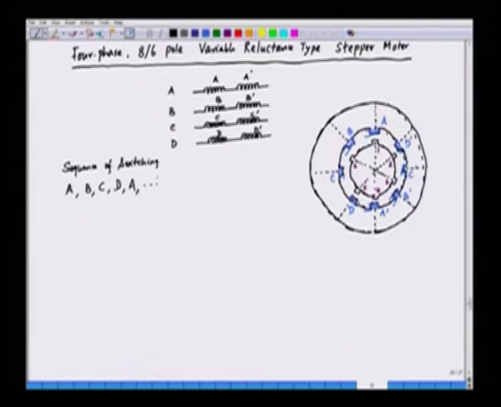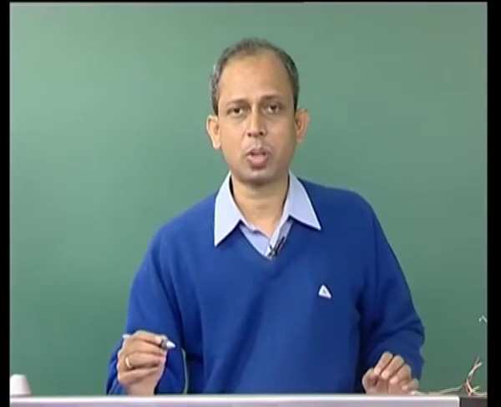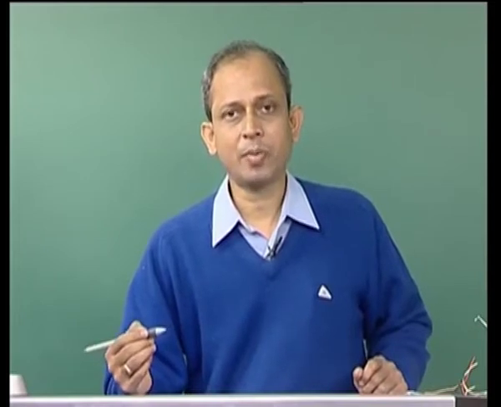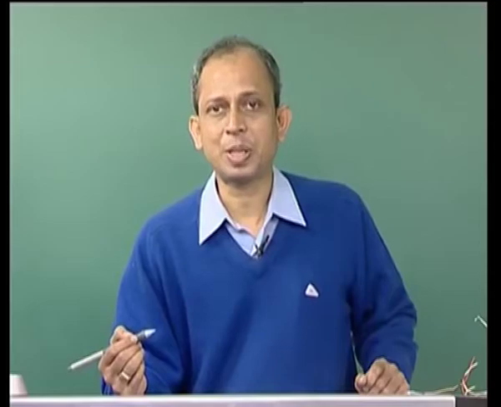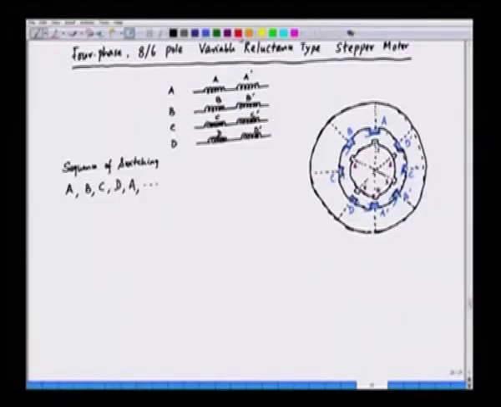Now, if we do that, how does the rotor respond to the sequence of switching? If A is switched on, A is excited, the MMF is along phase A. So, the MMF will be along phase A, meaning it is something along this.